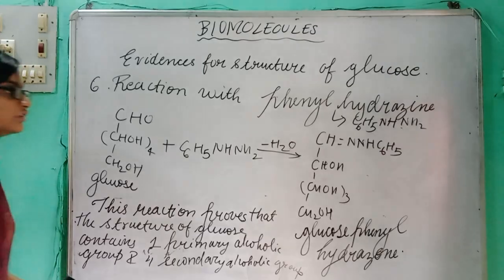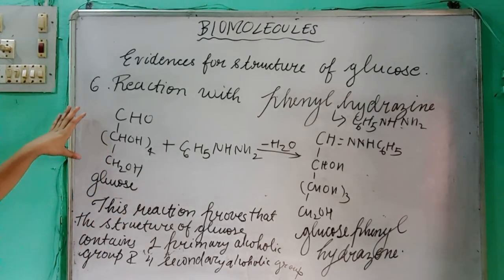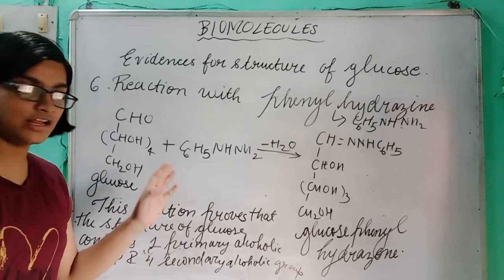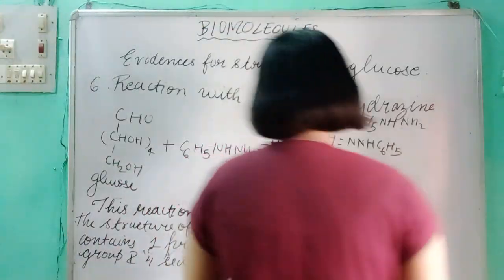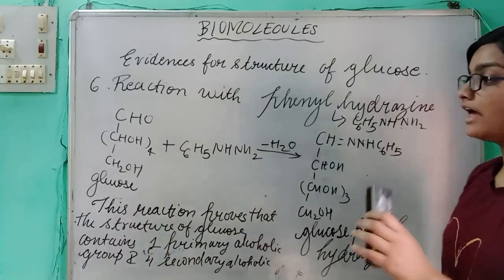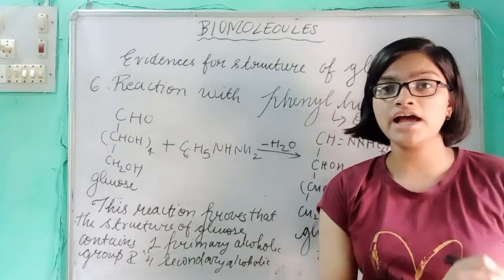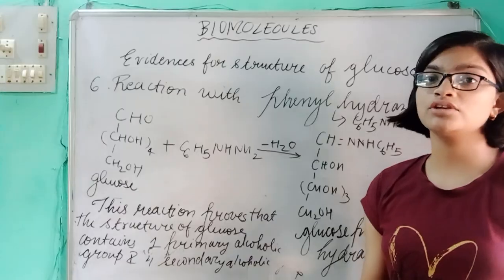So this was the sixth and last evidence for the structure of glucose, that is reaction of glucose with phenylhydrazine, which when reacts with it, glucose phenylhydrazone is formed, and this reaction proves that the structure of glucose contains one primary alcoholic group and 4 secondary alcoholic groups.